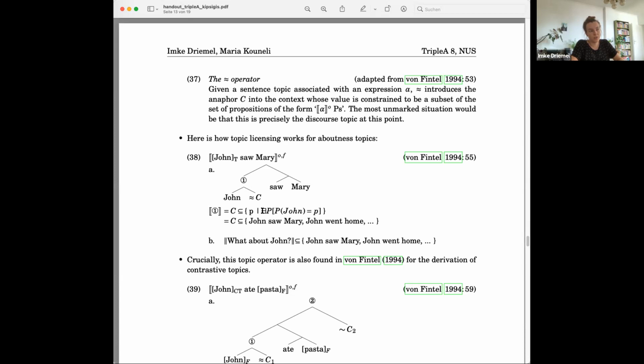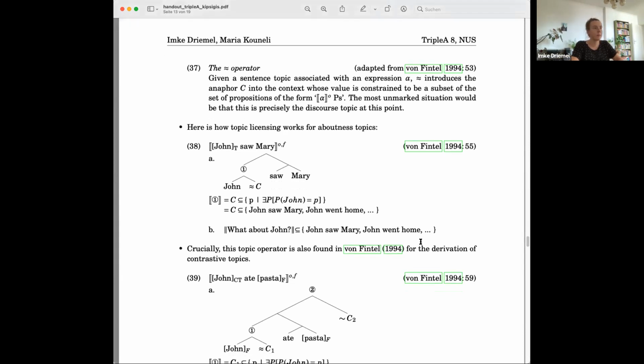So a set of propositions such that there's a property applied to John, right? That could be John saw Mary, John went home, John hates linguistics, all kinds of P that can be associated with John. Now, under the assumption that C denotes a question like, what about John? That question under the Hamblin denotation is a subset of John saw Mary, John went home, etc. So they are identical, so that's fine.